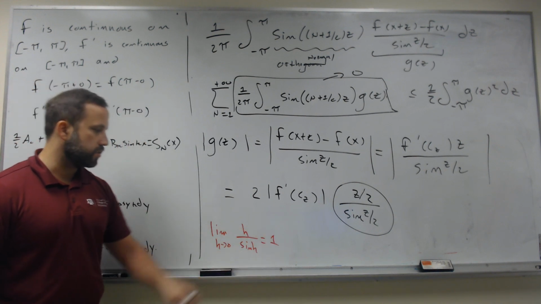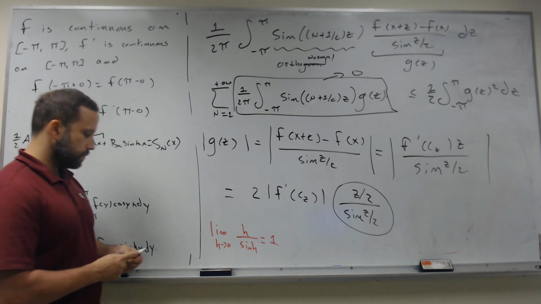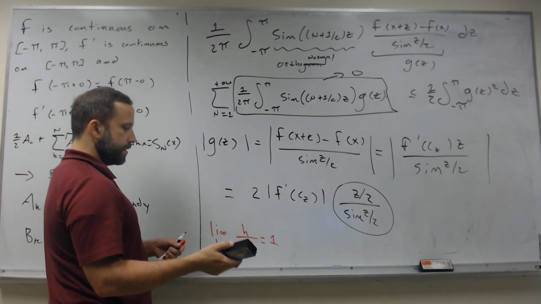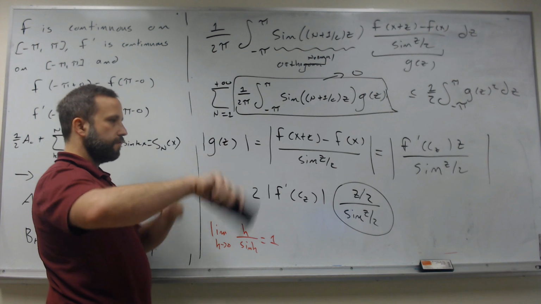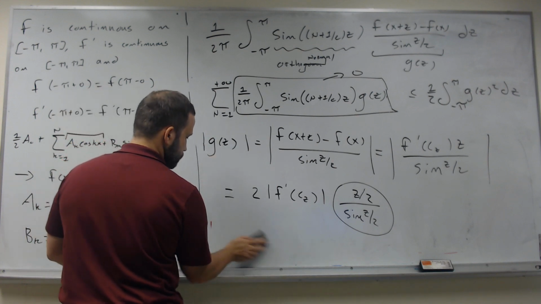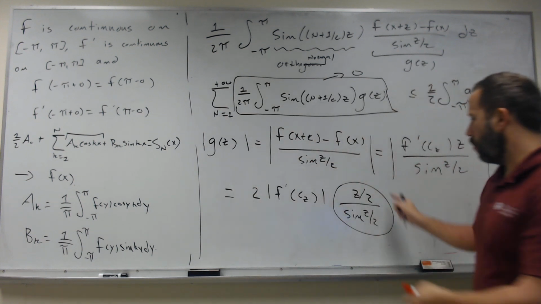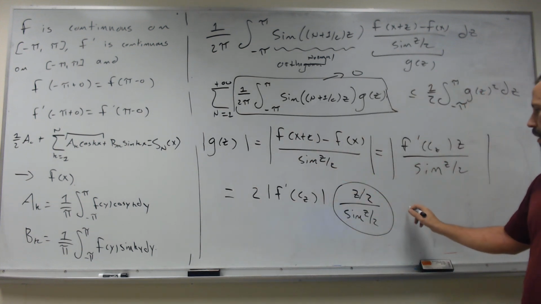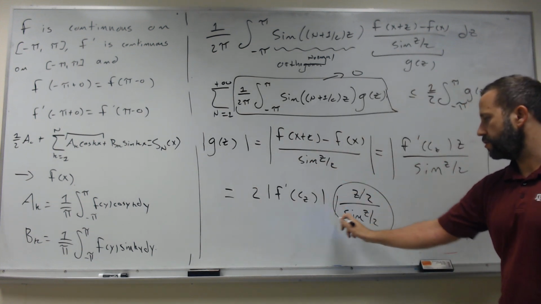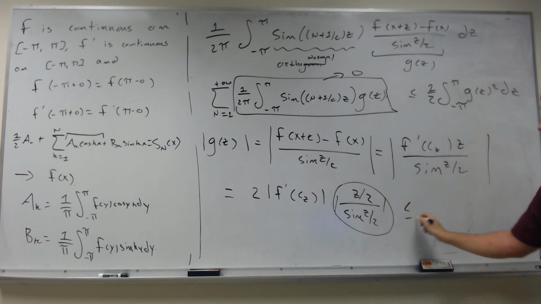Or you can divide the limits. So this is bounded by 1. So the thing that I have there in a circle is bounded by 1. Sorry, I need to do absolute values there. So this is less than or equal to 2.